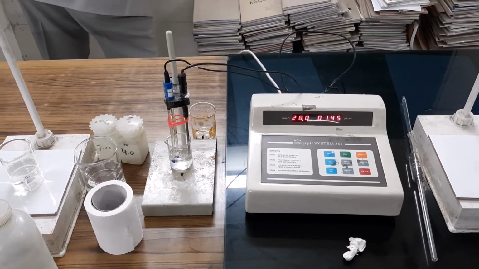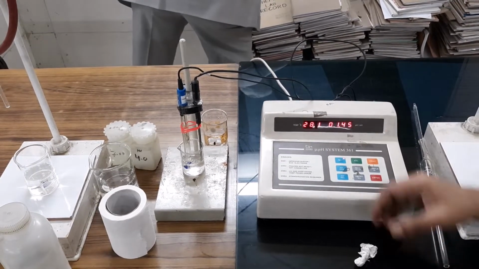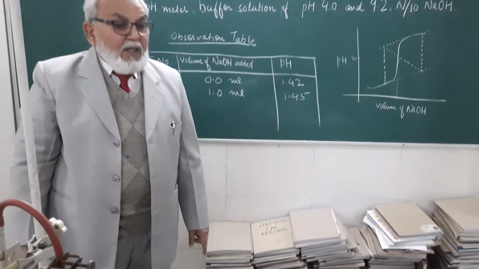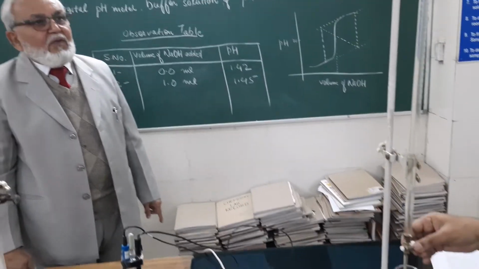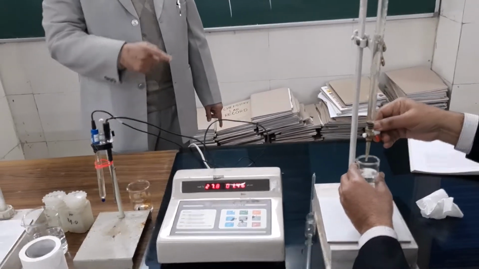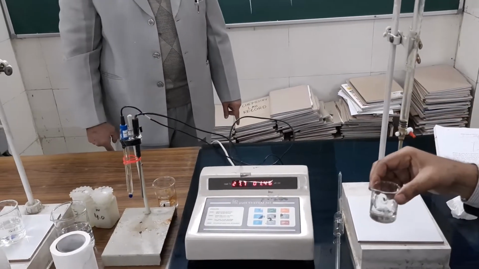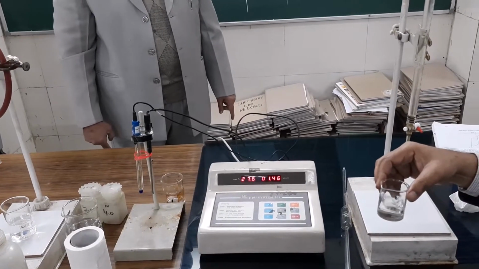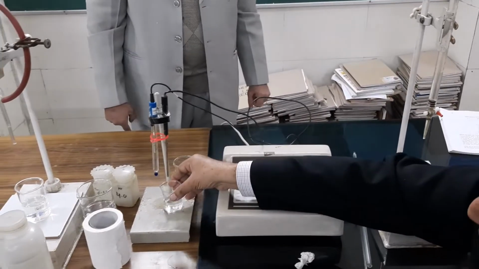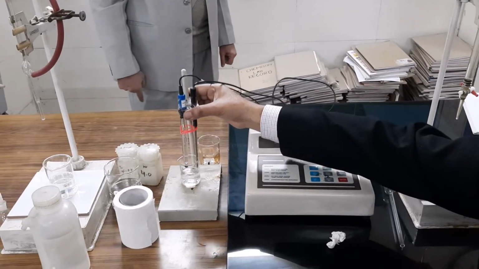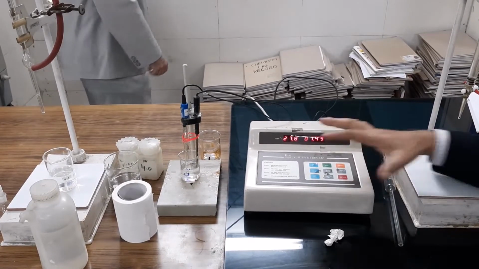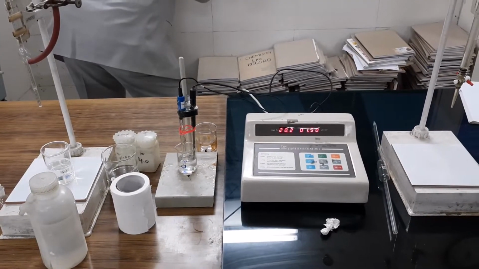.45. Now add 4 ml of NaOH from the burette into this solution. Shake and again read the pH of this solution on this pH meter. .50.